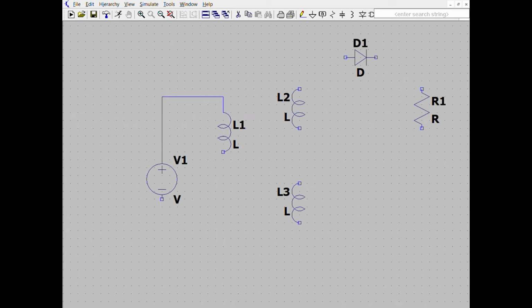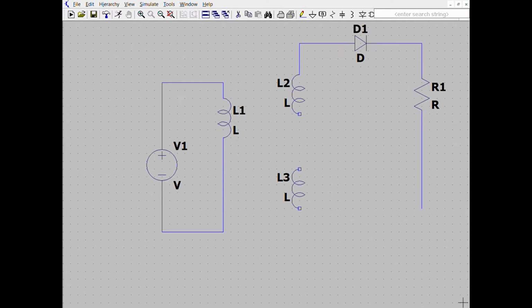And then draw wire to connect all the components together, and then we can insert the values.